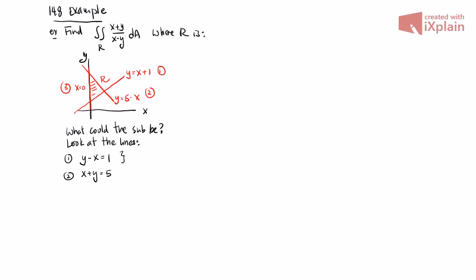So this first one might suggest u equals y minus x. That's sort of appealing because the denominator in the integrand is x minus y, which is negative u. This might suggest v equals x plus y, which is nice because the numerator in the integrand is then just v.